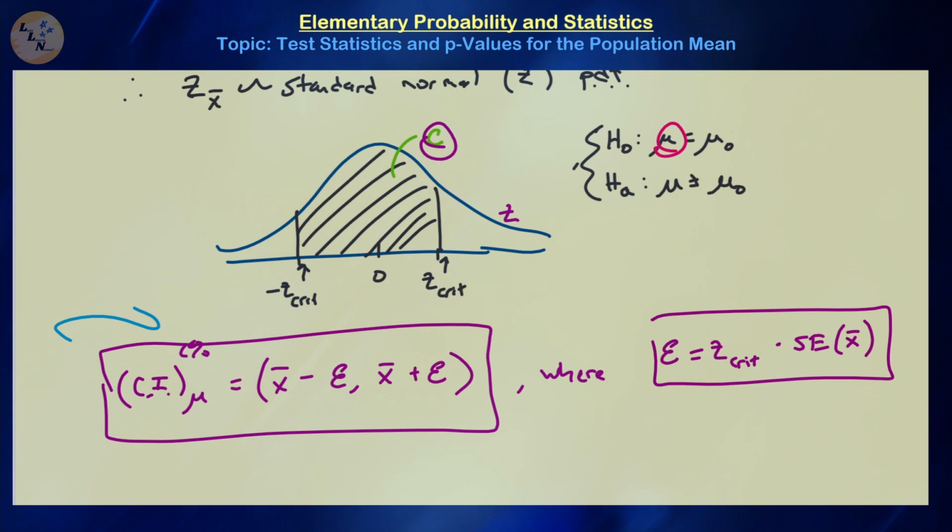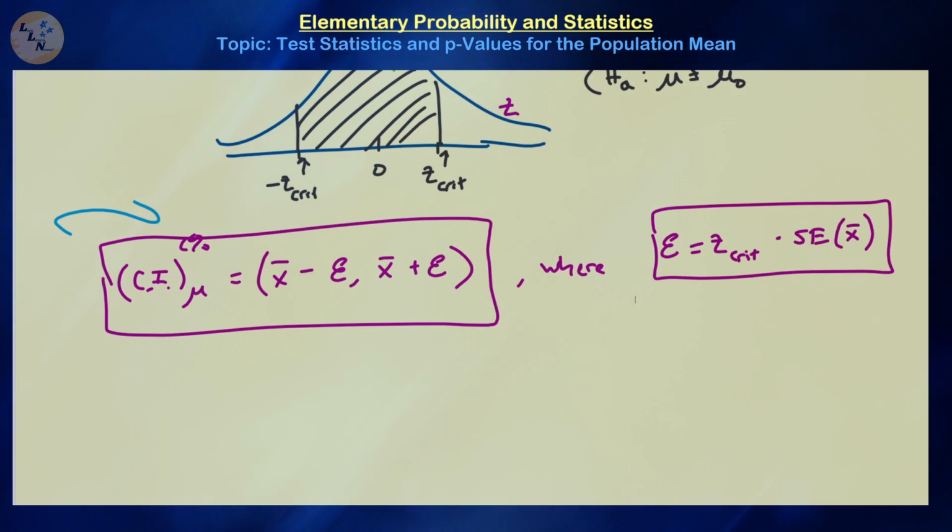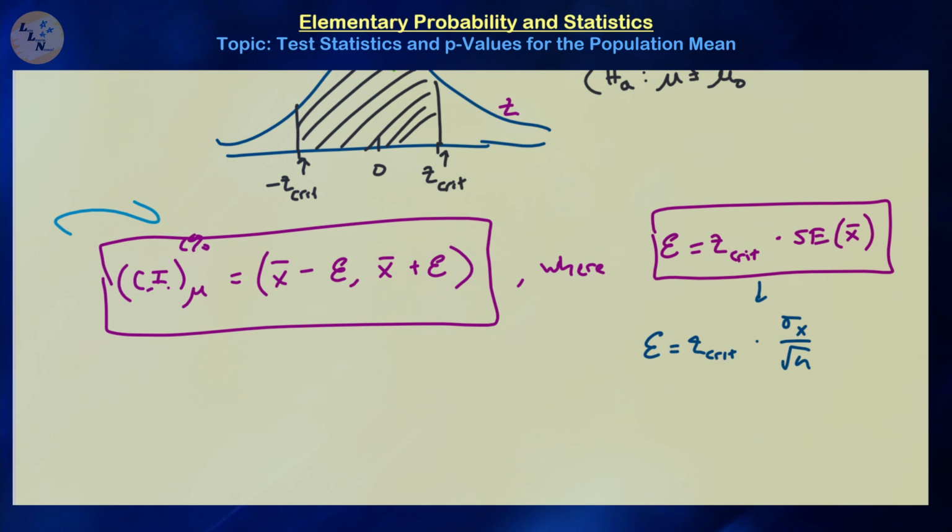So this is of course the most basic, or the most fundamental one, I guess you could say, where this can also be rewritten as the z critical value times the standard error of the estimate for x bar, which, remember, is sigma over the square root of n. So if we know the standard deviation, then we can use a z distribution, so they'll usually come in pairs.